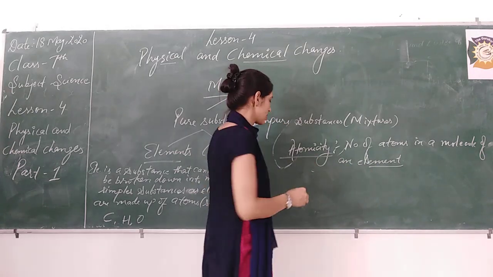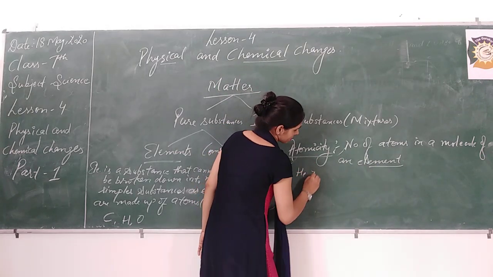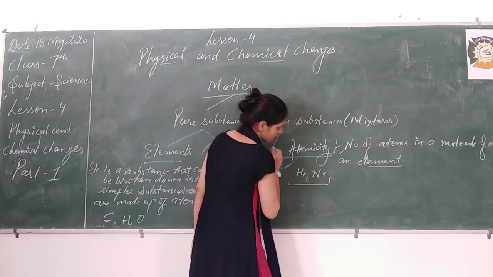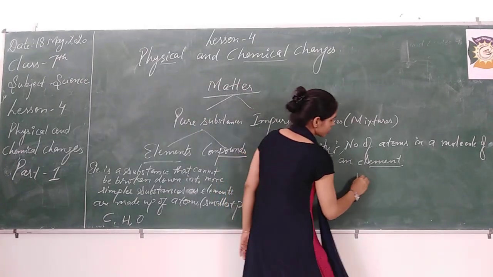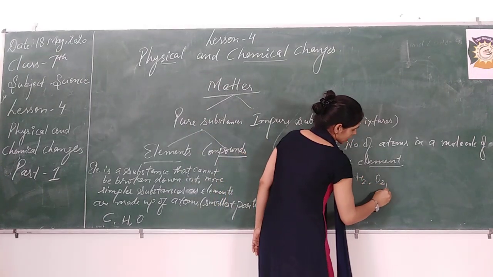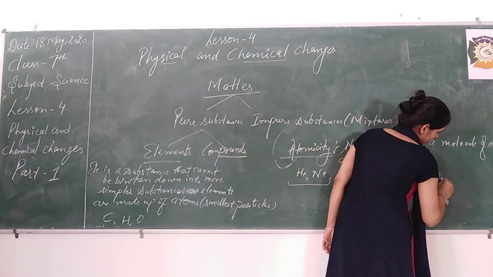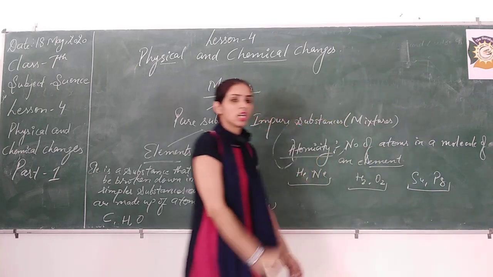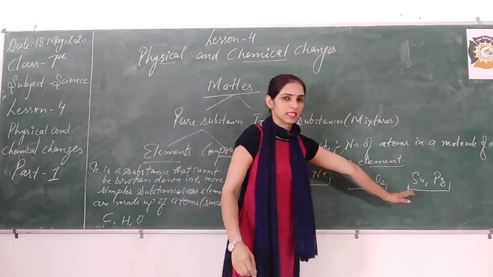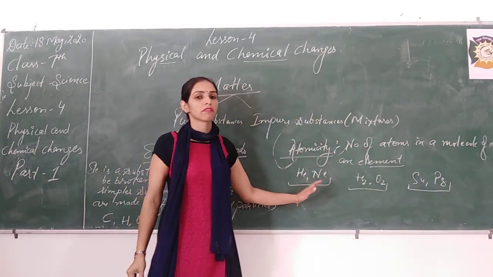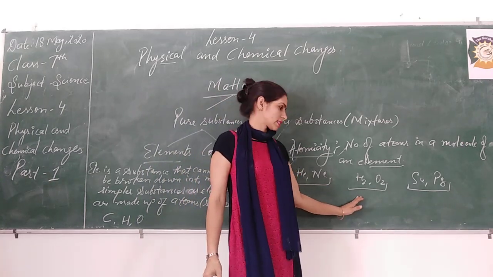For example, see, helium, neon. Okay. Hydrogen, oxygen. Next, S4 for example, and P8. So in these three cases, I'll discuss the different types of atomicity. Right?